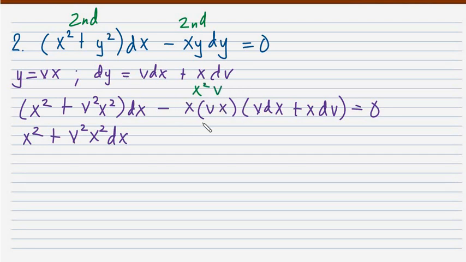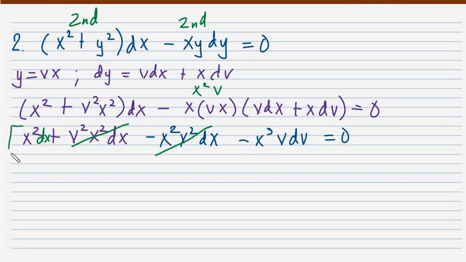If I distribute that, I will have x squared v squared dx minus x cubed v dv is equal to 0. It's very clear that these two terms are like terms with the same coefficient and are subtracted from each other, so they cancel out. So we are left with x squared dx minus x cubed v dv.